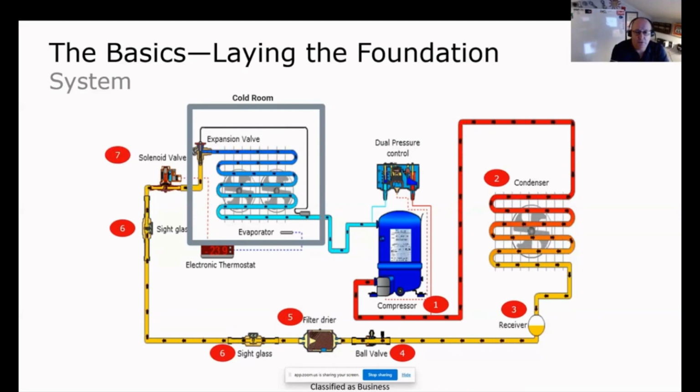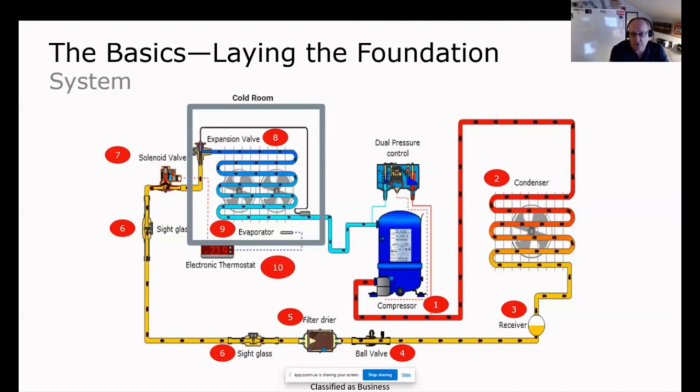Then we have a solenoid valve, which is a shut-off device that can be used for control purposes, such as pump down. Then we have our expansion device, which is the control for superheat in the evaporator, and it gives us that pressure drop between high side and low side. Then we have our evaporator in the cold room, which is, as we said, there to absorb the heat. It's a heat exchanger.